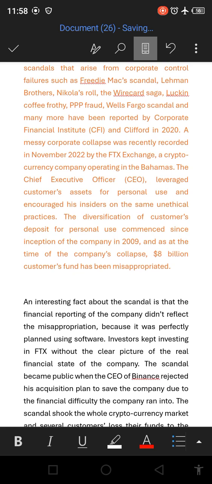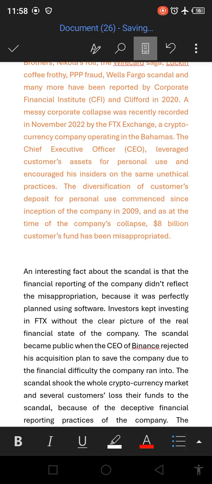Now, a messy corporate collapse was recently recorded in November 2022 by the FTX Exchange, a cryptocurrency company operating in the Bahamas. The chief executive officer leveraged customers' assets for personal use and encouraged its insiders on the same unethical practices. See, everything has to do with reporting practices, which is the dependent variable.